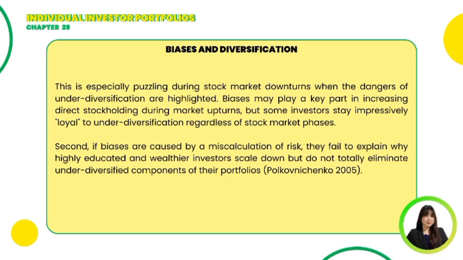Second, if biases are caused by a miscalculation of risk, they fail to explain why highly educated and wealthy investors scale down but do not totally eliminate under-diversified components of their portfolios, according to Polkovnichenko 2005.